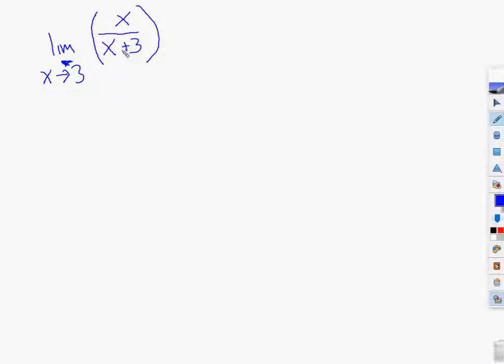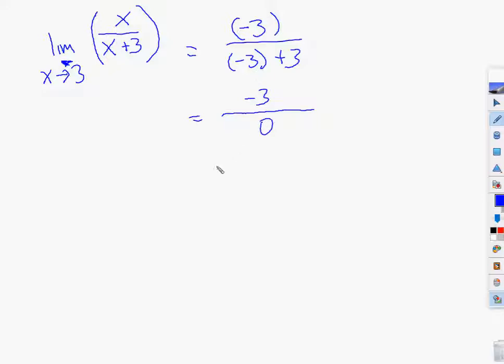Do you see what happens to our denominator? So we get -3 over -3 plus 3. -3 over 0. And undefined? Like, what is that?